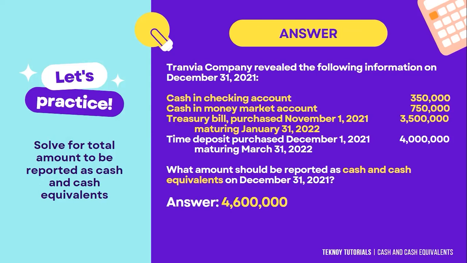As you notice, the treasury bill was purchased 3 months before its maturity date, so it is part of cash and cash equivalent. However, the time deposit, which was purchased on December 1, has been acquired 4 months before its maturity. Hence, it is excluded in the cash and cash equivalent.